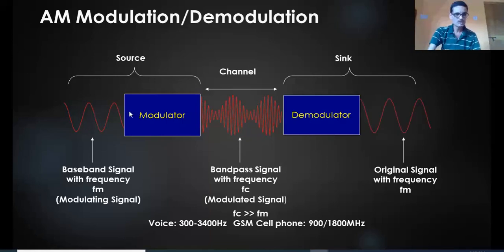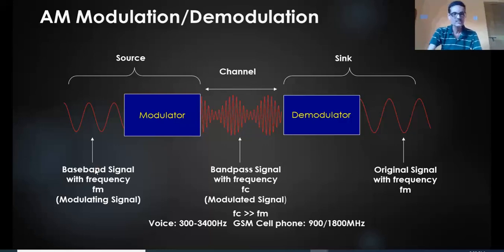This original signal is represented in a cosine form, with a frequency of FM. It's a message signal, a baseband signal, or a low pass signal. I call this a low pass signal because all message signals are low frequency signals.